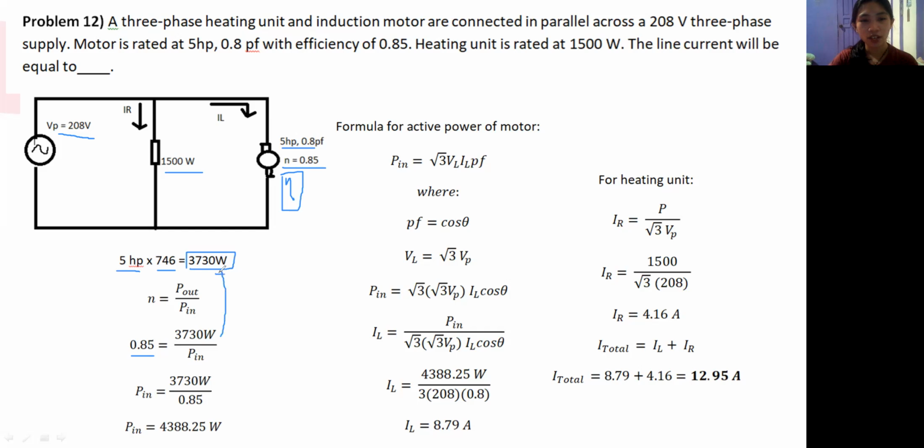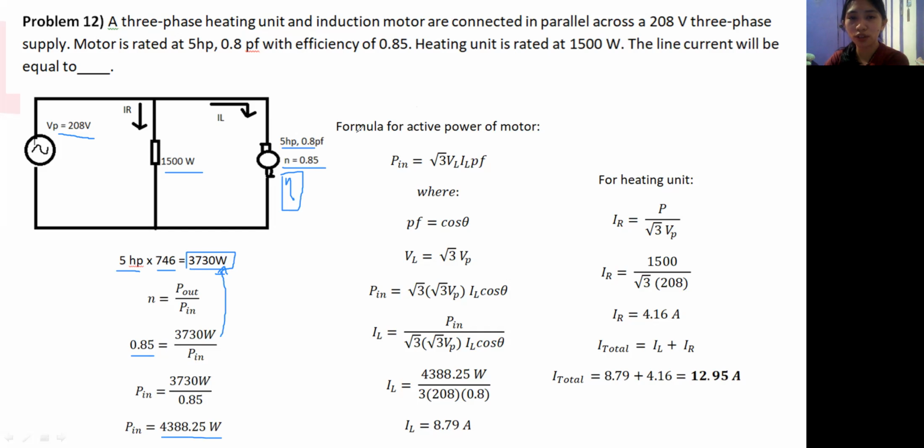Now we are left with solving for the power in. The power in is just equal to 3,730 watts all over 0.85. Upon calculating that, you'll have a value of 4,388.25 watts.